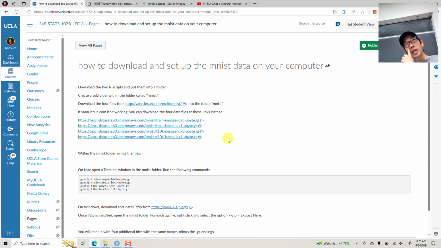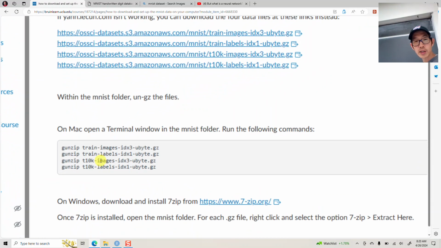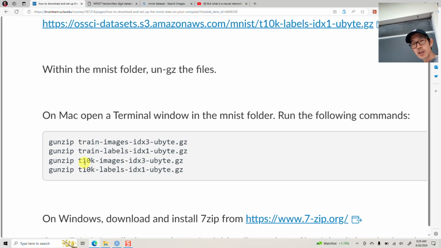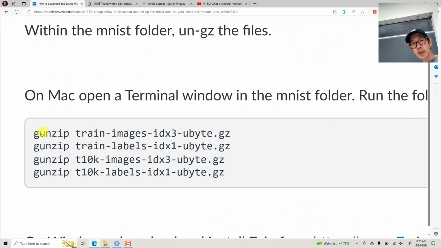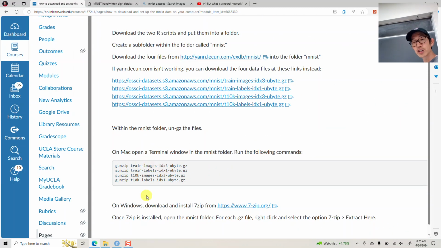These are gzip files, and you have to unzip them. If you're on Mac, navigate to that folder in Terminal and type gunzip and then the name of the file. You have to do this 4 times, once for each of the 4 files.